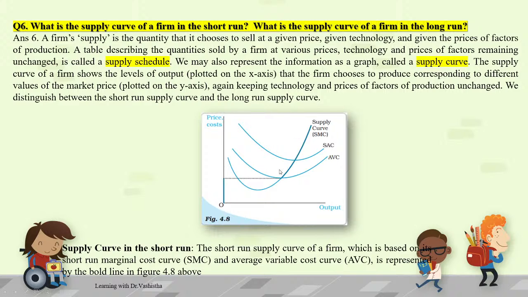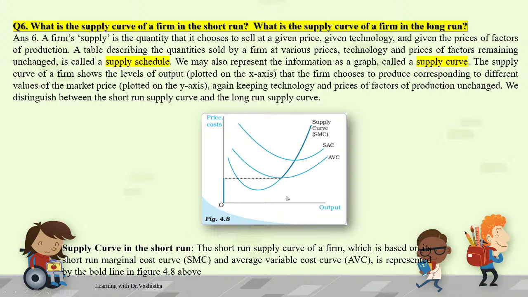Taking all these three forms, the short run supply curve is the short run marginal cost curve, which is the SMC. Here you can see the bold line, this is the SMC. So this is the short run supply curve. Okay, so this is how it goes.